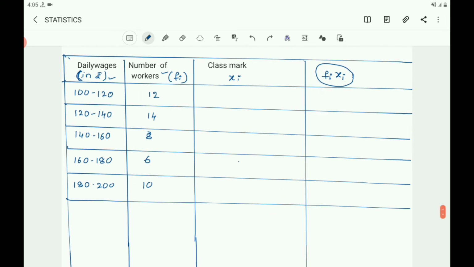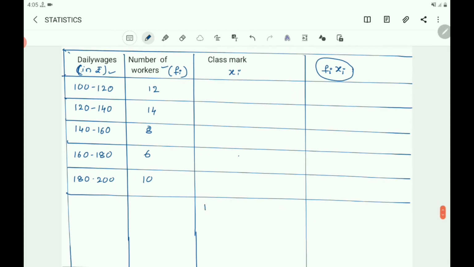Now the first one is 100 plus 120 divided by 2. 100 plus 120 is 220, divided by 2, you will get 110. So you write 110.